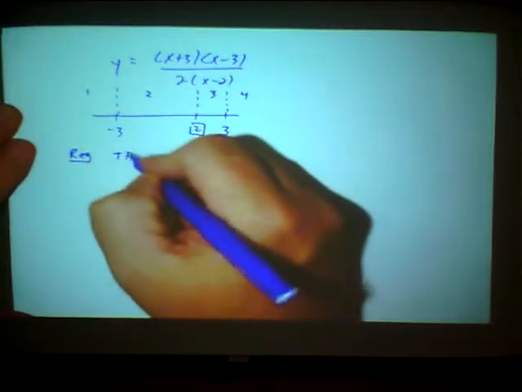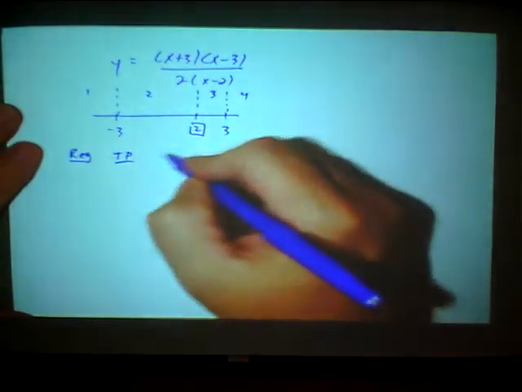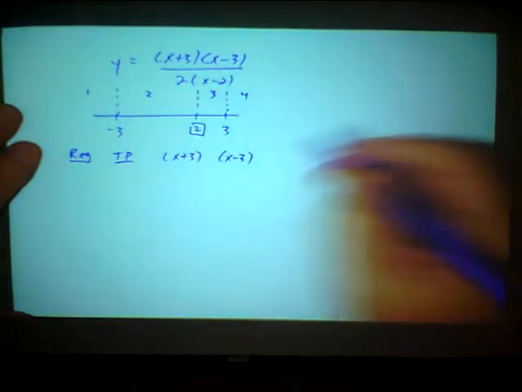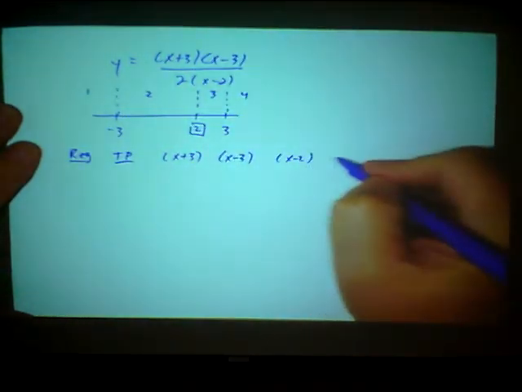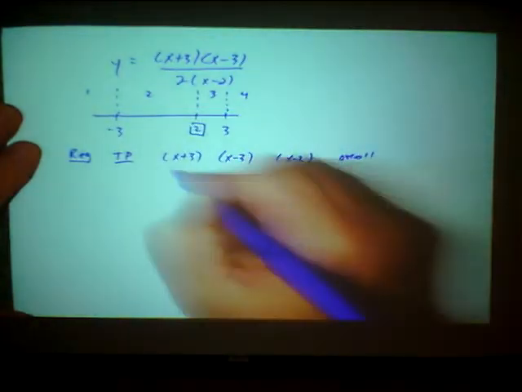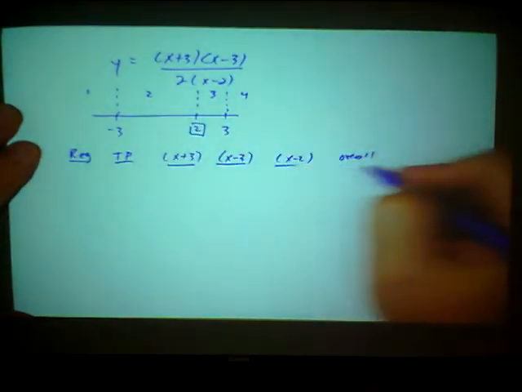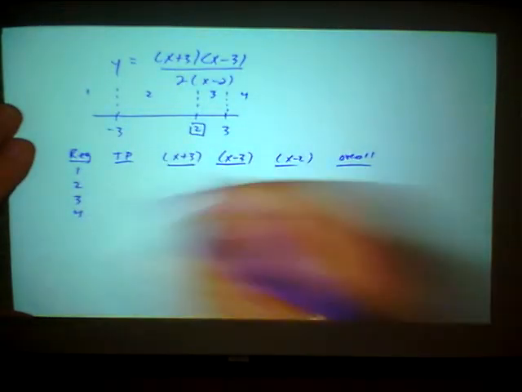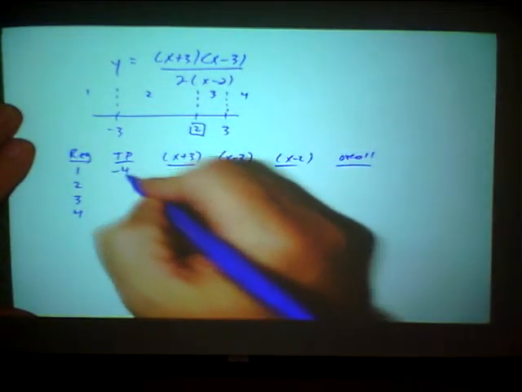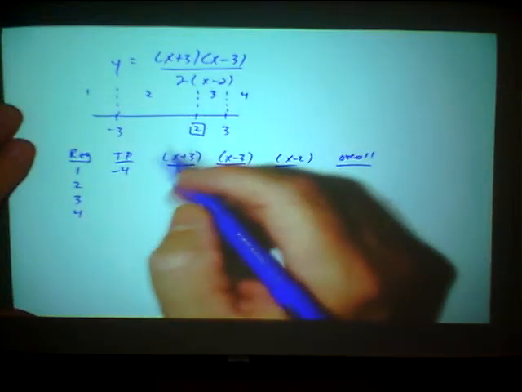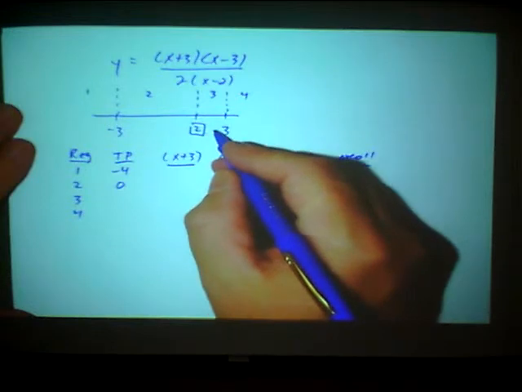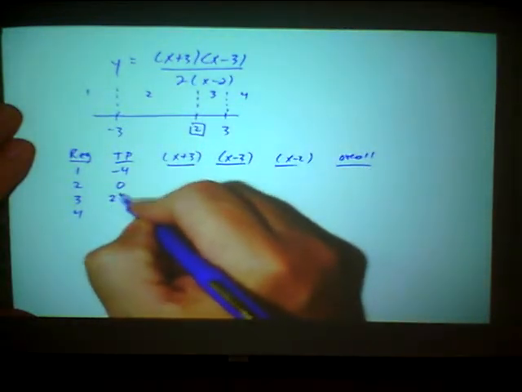So let's go ahead and do my sign chart. Region, test point, then I have 3 factors, and then overall. So region 1, 2, 3, 4, test point for region 1 minus 4, test point for region 2, I'll just go 0. For region 3, got to pick like 2.5.